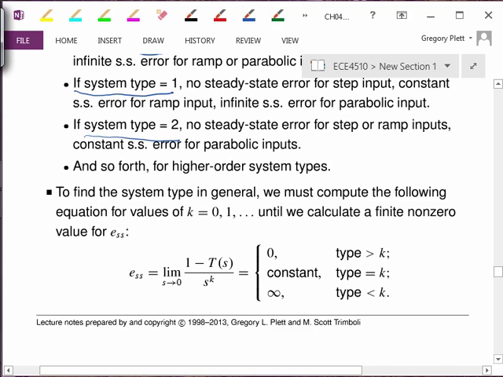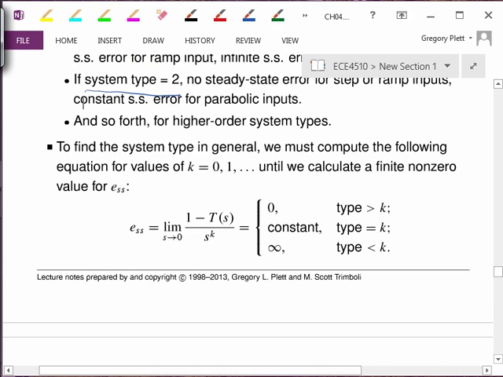To find the system type in general, what we need to do is compute the steady state error by trial and error for k equals 0, 1, 2, 3, 4, whatever, until we calculate some finite non-zero value for steady state error. So this is the approach. We say steady state error e_ss equals the limit as s goes to 0 of s times E of s.